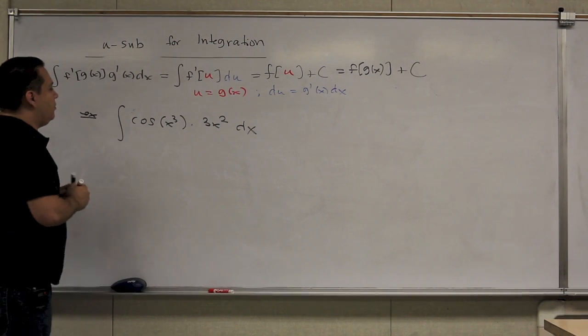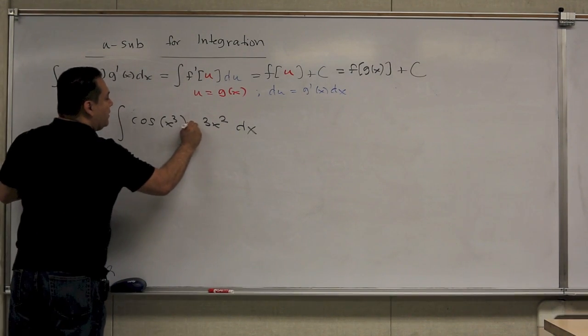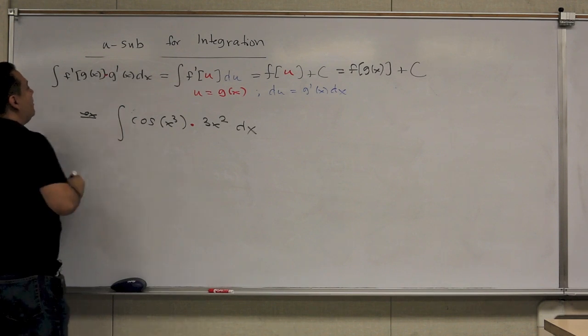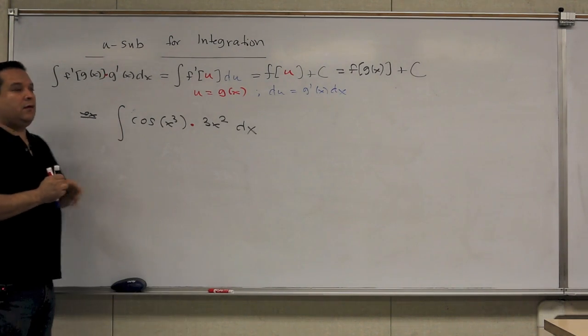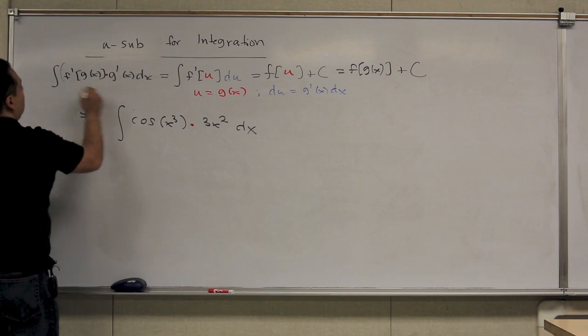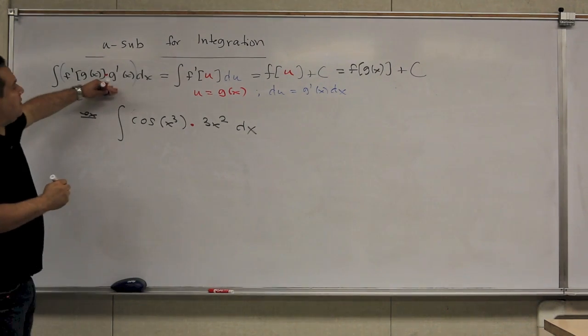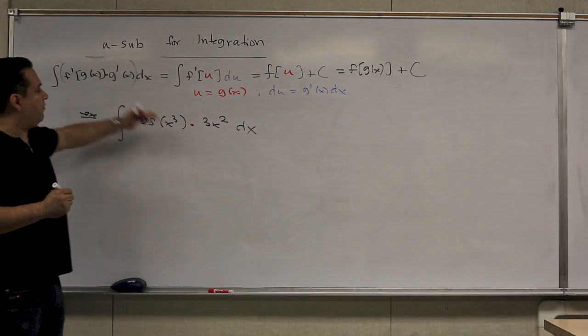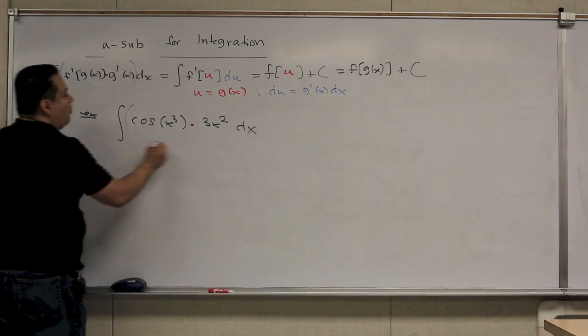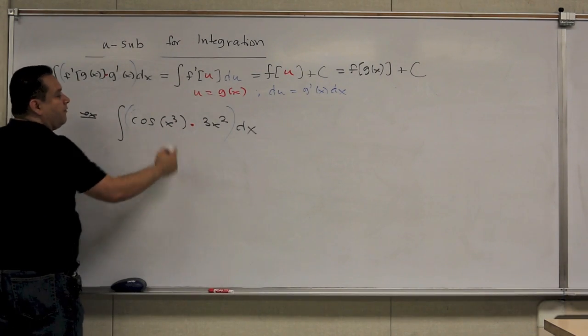Okay? So notice this is kind of like a product, right? There's a product here, isn't there? This is one function that's composed of maybe a product of two functions. Looks like that, right? This is a product of two functions.